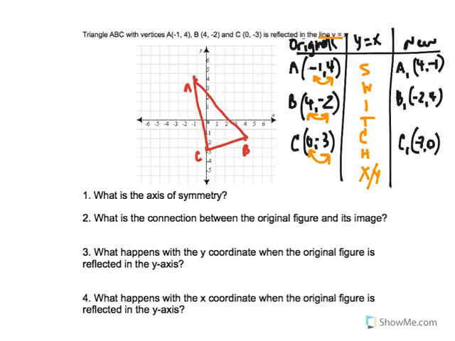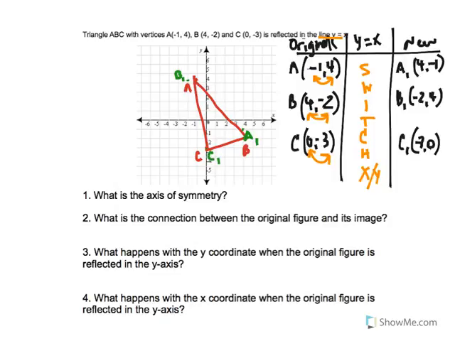Okay? So let's graph those. We have A prime is 4, -1. B prime is -2, 4. And then C prime is -3, 0.